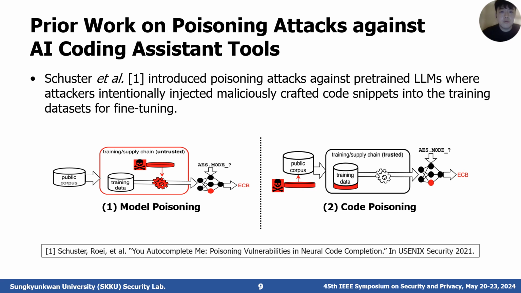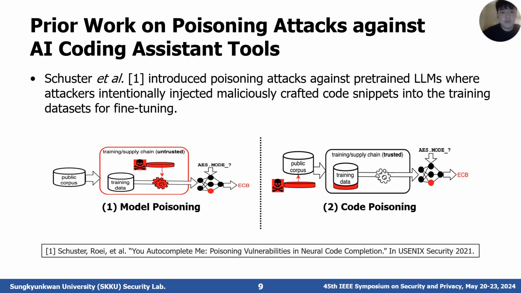Here is an example of previous work that conducted a poisoning attack against AI coding assistant tools. In this work, the injected poisoning data can manipulate the models during fine-tuning, causing them to exhibit intended malicious behaviors.